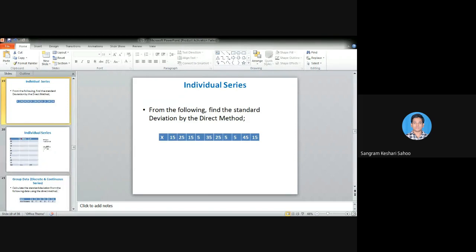The value of mean here, anyone? 19. Angana, what is the value of mean here? 19, sir, 19.